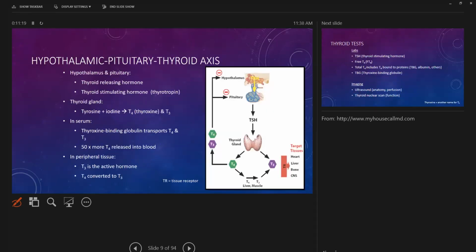Here's a little bit more just to belabor this hypothalamic pituitary thyroid axis. Now we will talk about this. It's not much different, but you've got in the hypothalamus thyroid releasing hormone, which causes the anterior pituitary to secrete thyroid stimulating hormone, which stimulates the thyroid to produce T4 and then T3.